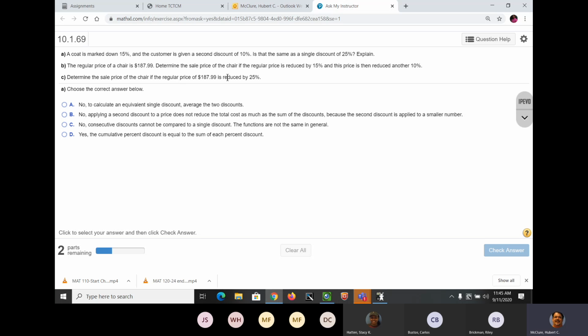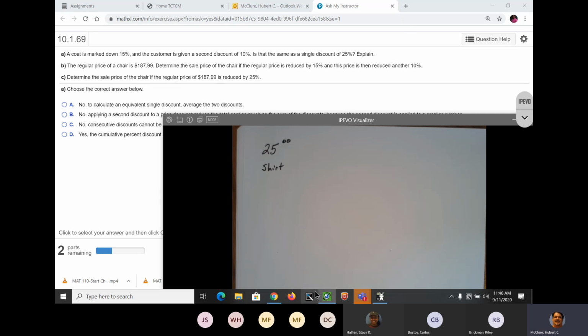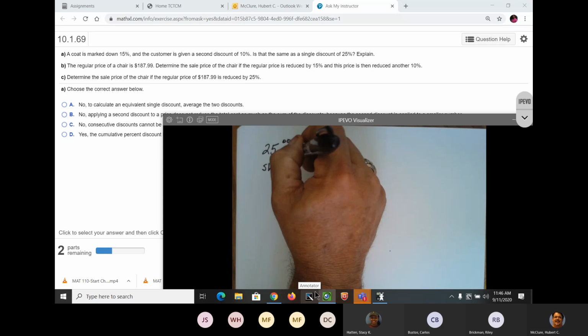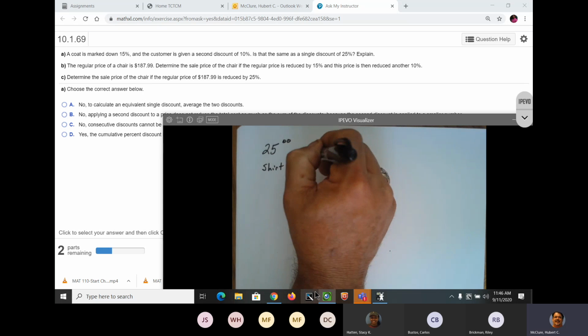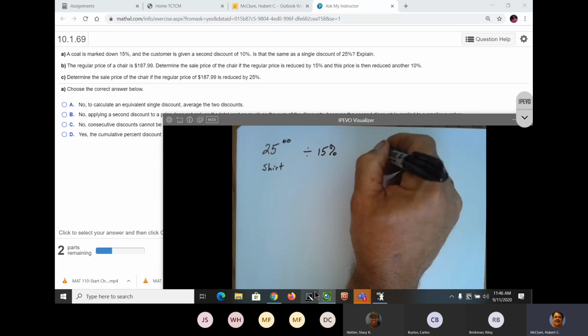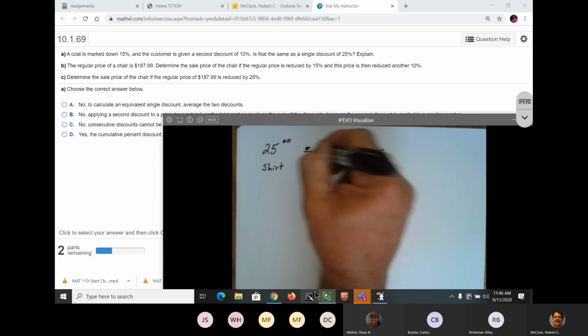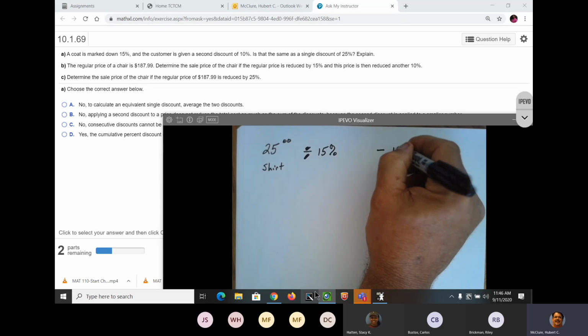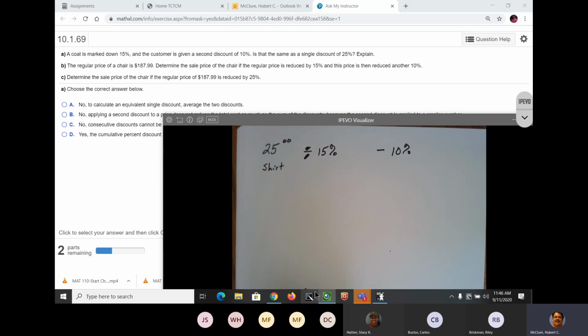Let's say we have a shirt that costs $25, and I take minus 15%, and then minus another 10%.